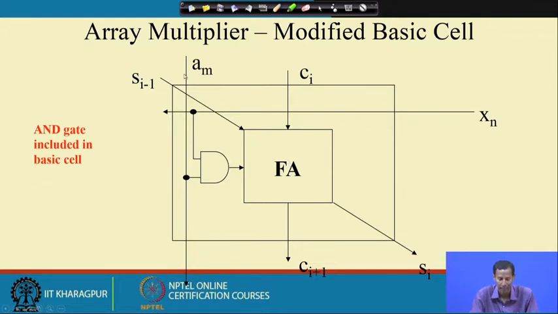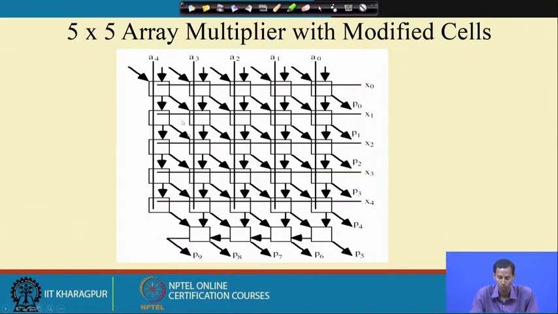But here, this x n is ANDed with a m, and then it goes to the corresponding full adder cell and produces S i and C i plus 1. So this AND gate is included in the basic cell, and this particular processing element is copied to produce the corresponding array multiplier.